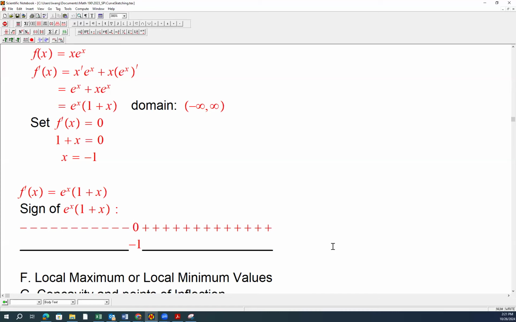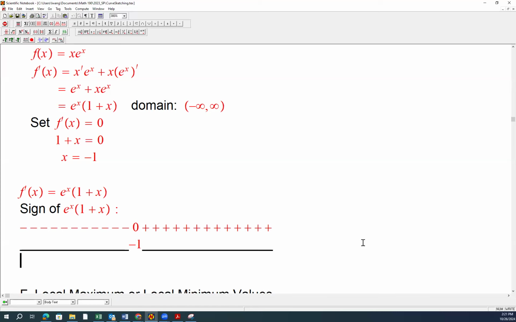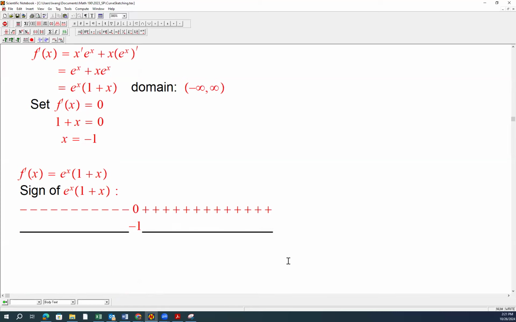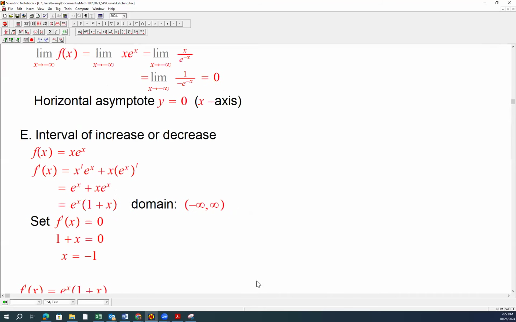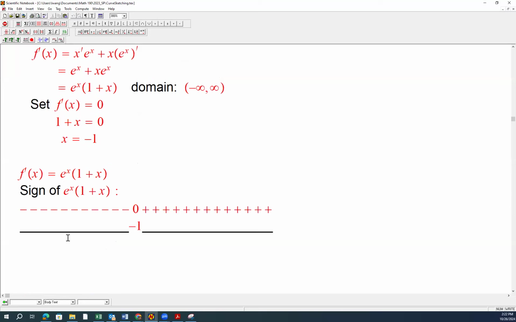So with that observation, we can apply the first order derivative. Oh, by the way, I'm sorry, the max and min we're going to do in the next step. So we just tell the intervals of increasing and decreasing.